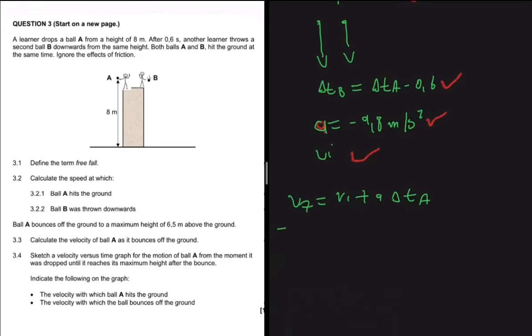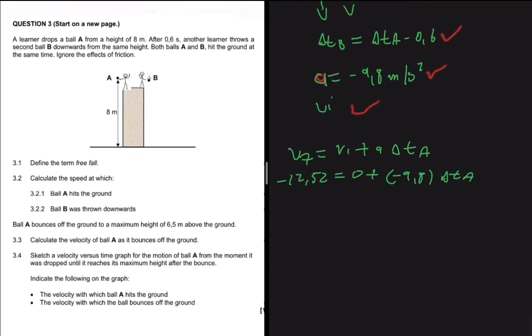So what is VF? VF is minus 12.52, right? That's the velocity at which it strikes the ground, and it's dropped. If it's dropped, VI is 0, and acceleration is minus 9.8, and we're looking for delta T of ball A. So real quick, you'll realize that delta T for ball A will be equal to minus 12.52 divided by minus 9.8, which will give us 1.2776 seconds, right?